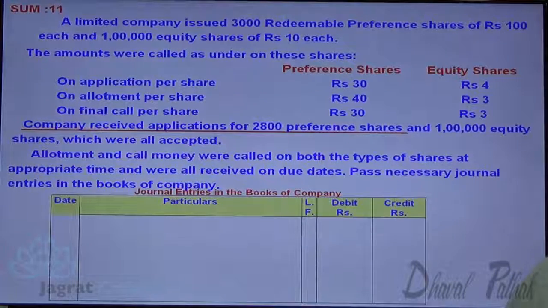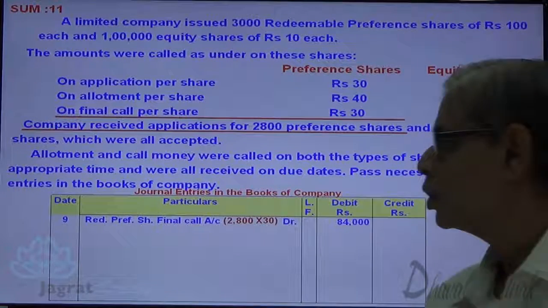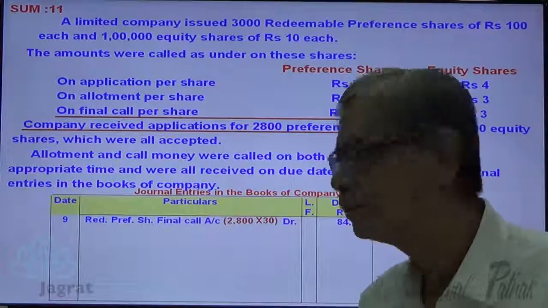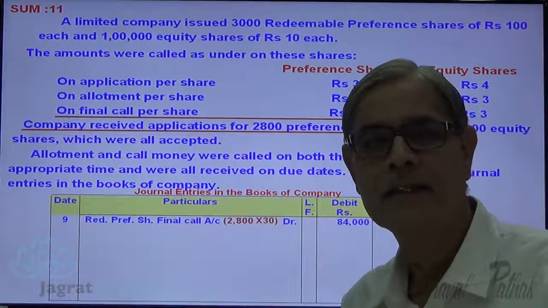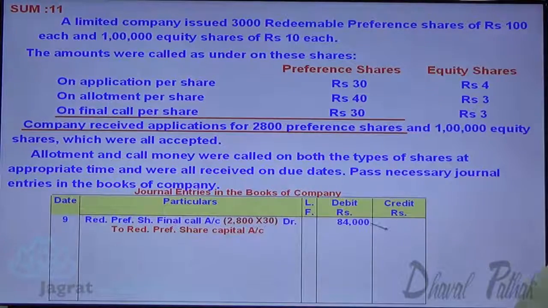Now, on 2,800 shares, 30 rupees per share demanded. So, redeemable preferential final call account debit, recoverable on final call, 84,000. The amount is demanded at the instance of preferential capital. So, redeemable preferential capital account credit, 84,000.